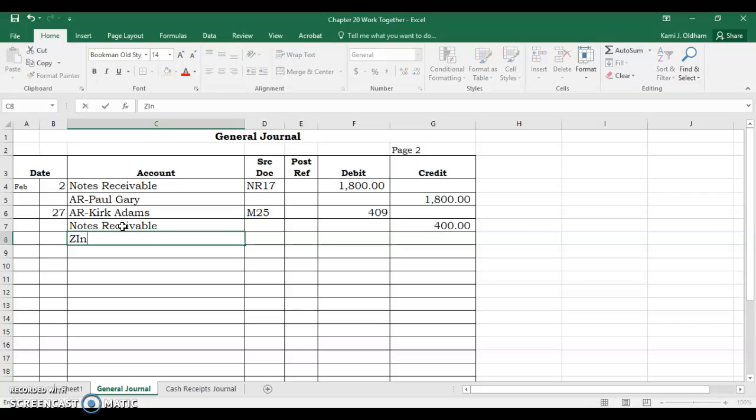And our interest income is $9. Okay, so that is us putting it back into our accounts receivable because he failed to pay off the note.